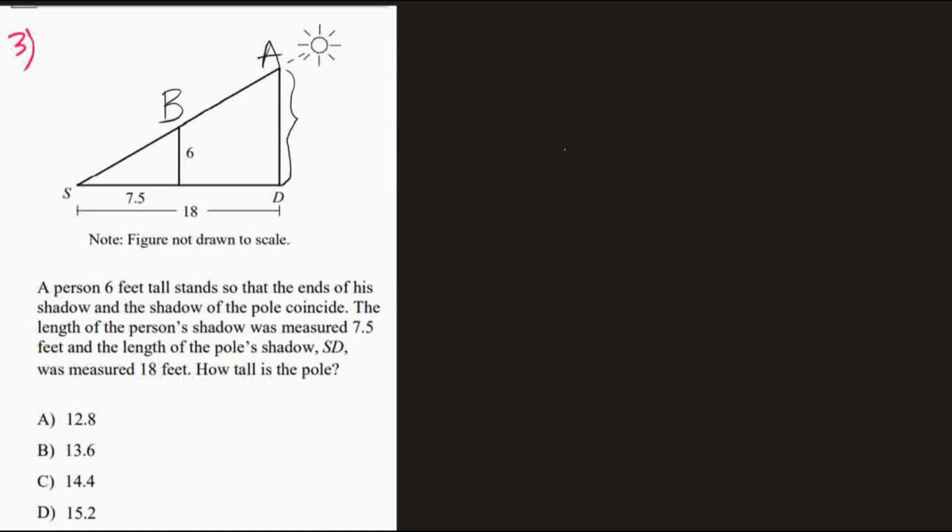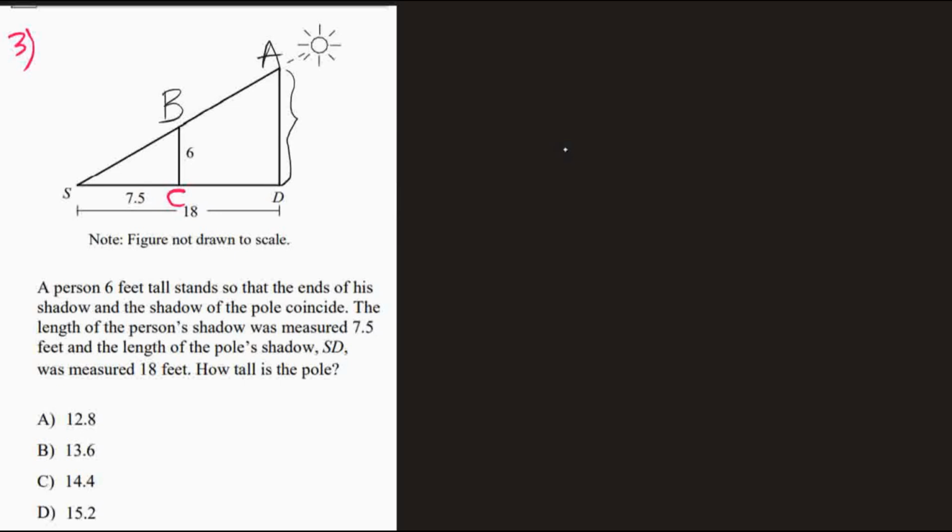Let's see the question. This is two similar triangles where one is inside the other one. So if I name this as C, then triangle BSC is similar to ASD.